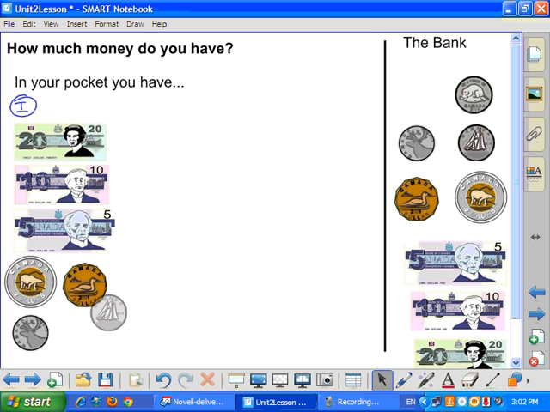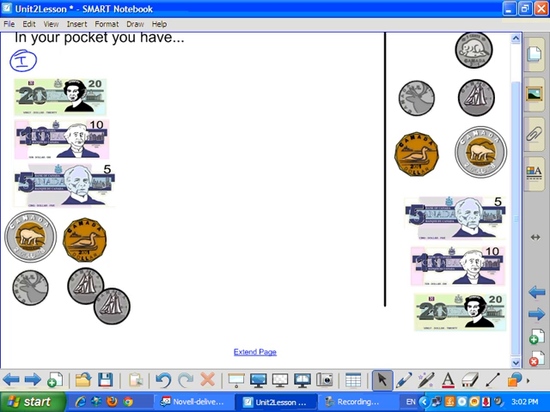And it's got a couple dimes. All right. So the question is, how much money do you have in your pocket? So you're breaking it down, right? You're counting your dollars first. So we're going to have our 20, our 10, and our 5. So the 20, 10, and 5, that gives us $35. Now looking at the coins, I have a toonie and a loonie.